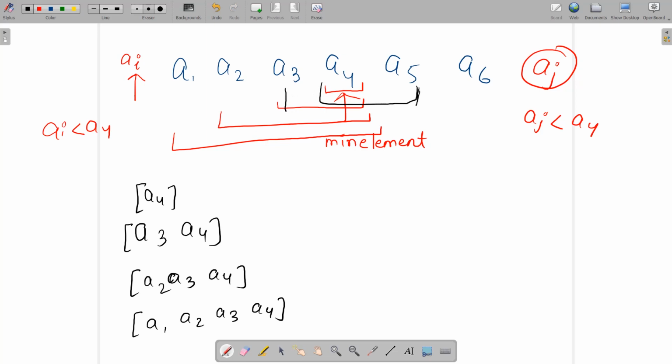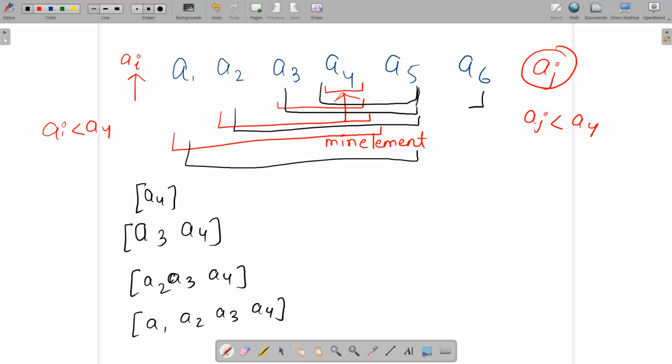We have the subarrays from A4 to A5, A3 to A5, A2 to A5, A1 to A5. Similarly, the right end of the subarray can lie at A6, so we can have subarrays from A4 to A6, A3 to A6, A2 to A6, A1 to A6. Okay, so these are all the required subarrays.